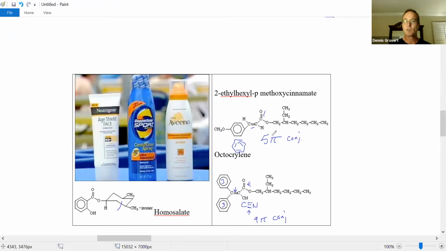And then these with more conjugation absorb the longer wavelengths of UV. I think that's a UVB. And then together, these are sold as mixtures in these creams and sprays. You can get a lot of absorption in the broad wavelength, a whole bunch of UV light being absorbed, protecting you from ultraviolet light. Cool.